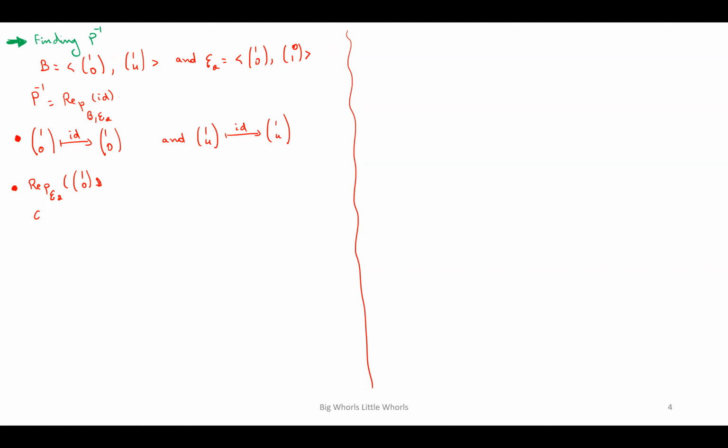We have C1, we take the linear combination of the elements of E2. So C1 times 1, 0, plus C2 multiplied by 0, 1 equals that vector 1, 0. So C1 equals 1 and C2 equals 0. That's what is good with the standard basis: the representation of a vector in the standard basis is going to be that vector. But let me show you the work.